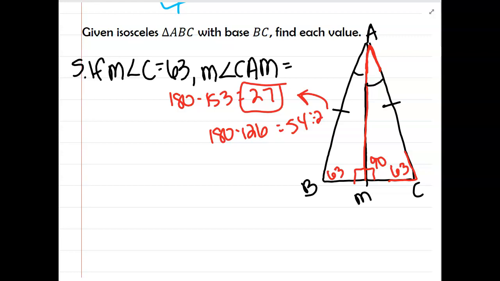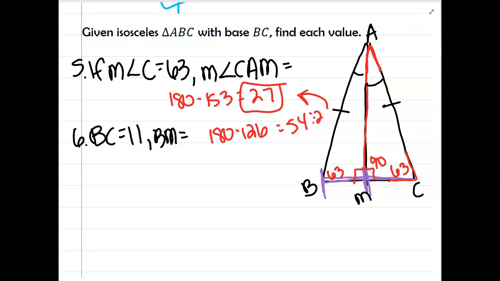Okay, what about this one? What if we say BC equals 11, BM equals what? If BC equals 11, if that whole thing equals 11, what does BM equal? 5.5.